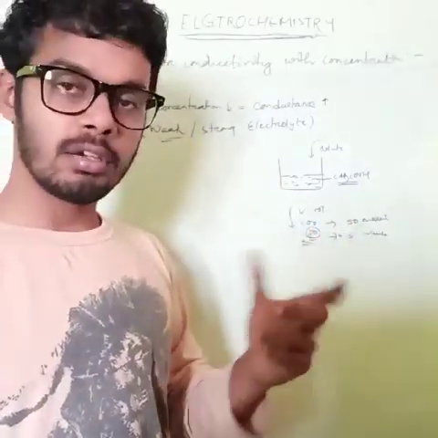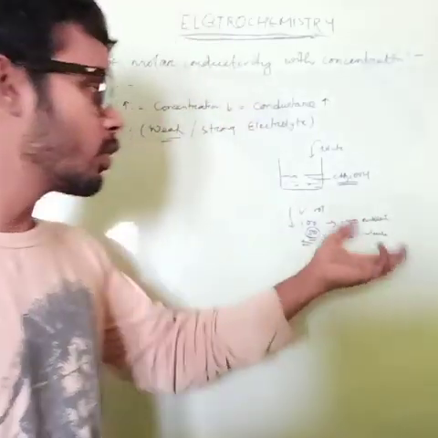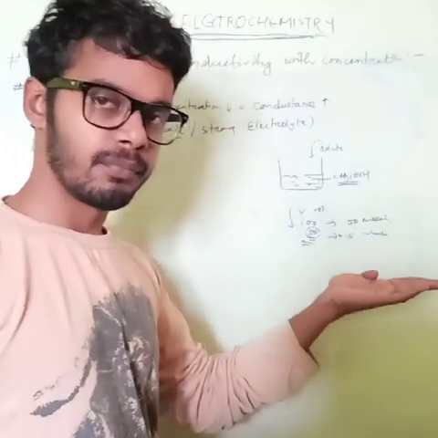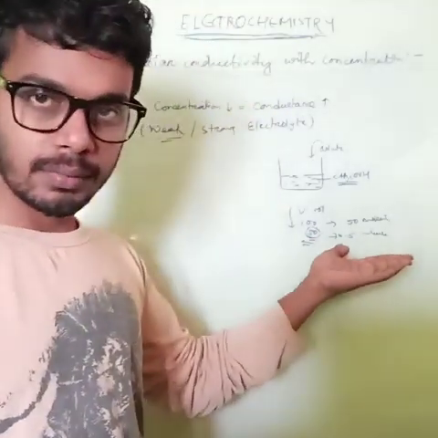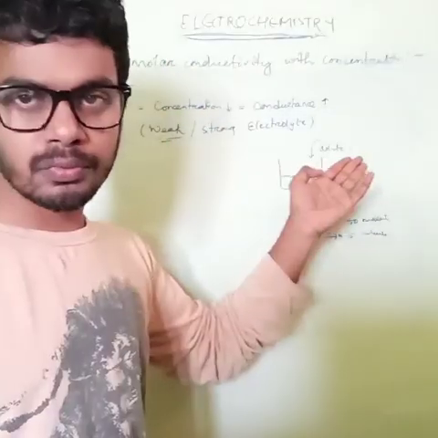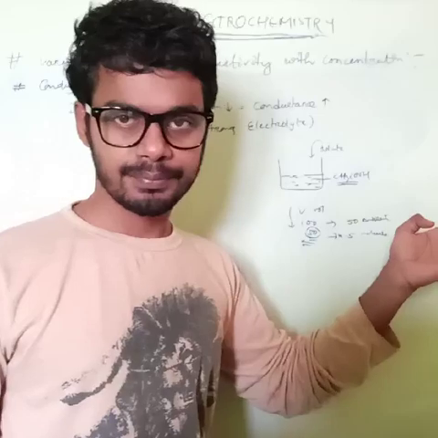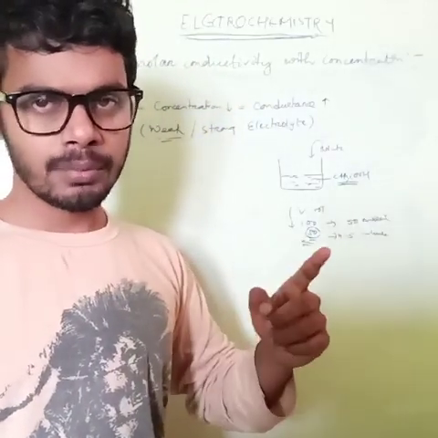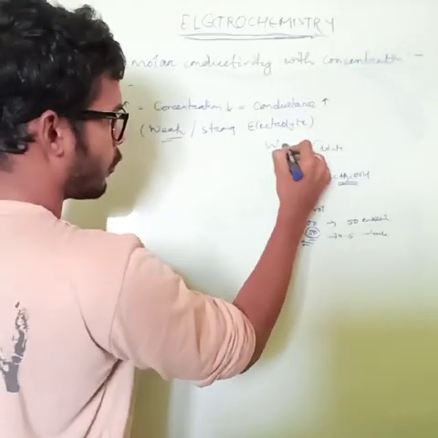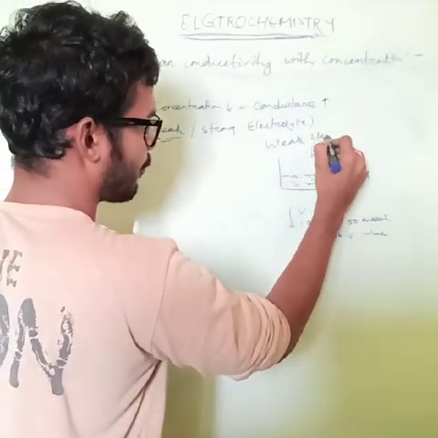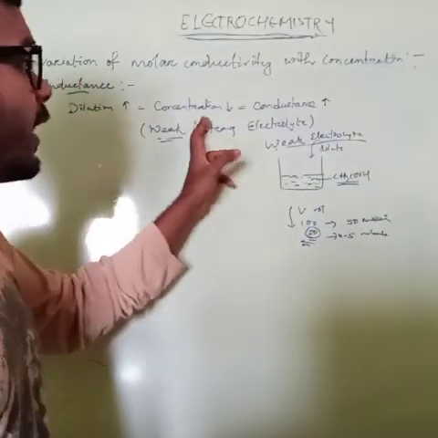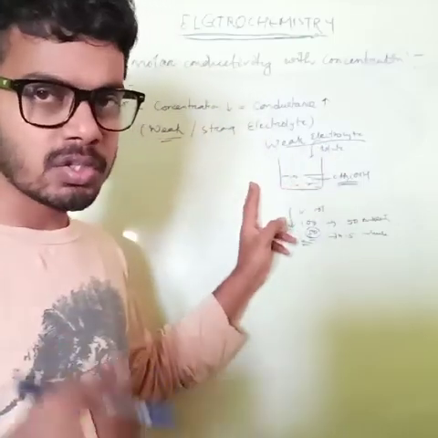But it may give 4, 5, 6 or 10 more ionized molecules, and the more the number, the more the conductance. This is how on dilution the conductance increases in the case of weak electrolyte.